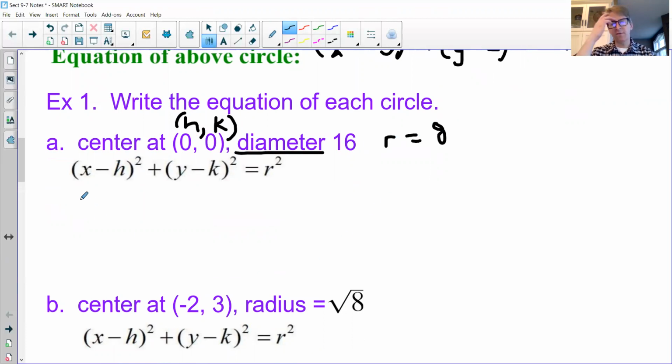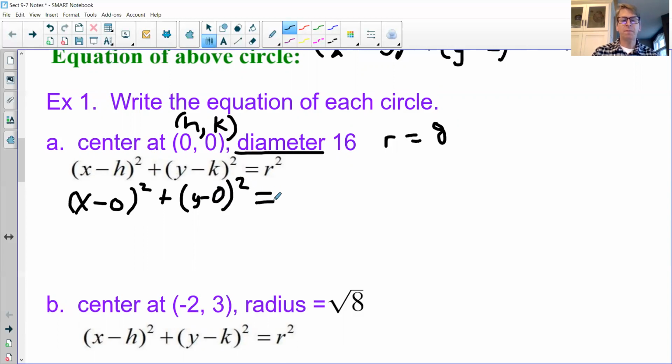Okay, so your standard form of the equation of the circle would be as follows: x minus the h, which is 0, squared, plus y minus the k, which is 0, squared, and that is equal to r squared. r squared would be 8 squared.